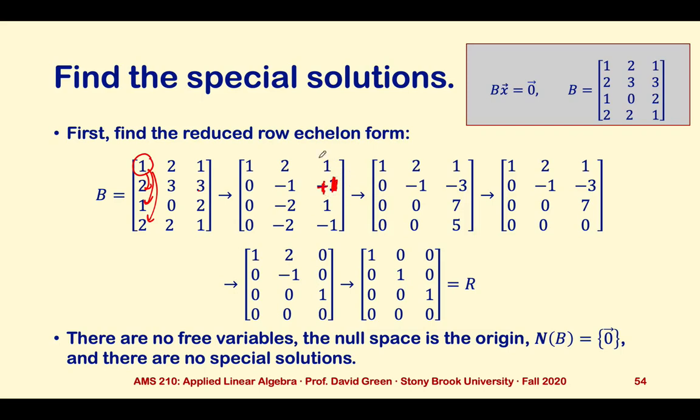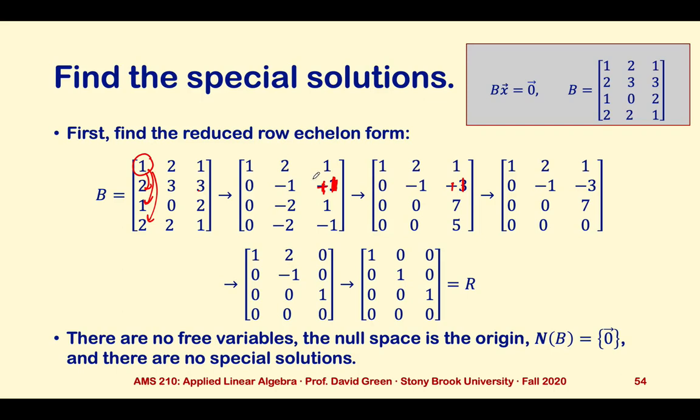Sorry for that. 1 minus 1 is 0. 0 minus 2 is negative 2. 2 minus 1 is 1. 2 minus 2 is 0. 2 minus 4 is negative 2. 1 minus 2 is negative 1. Again, this should be a plus 1 here.